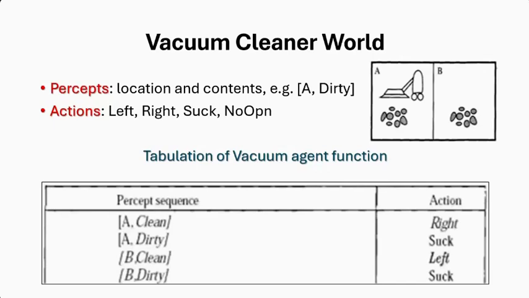Ang gagawin niya, the machine or the intelligent agent can move left, can move to the right, and hihigupin niya na yung mga kailangang higupin na na-identify niya. It will suck. Or, no operation at all. So, ganun lang, di ba?